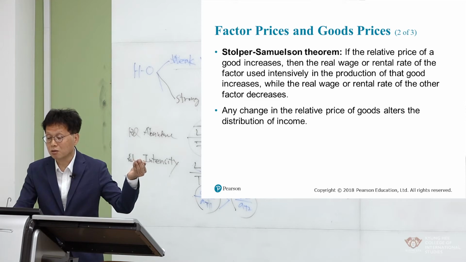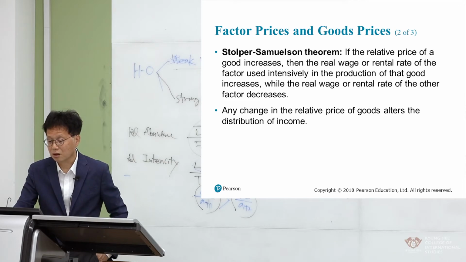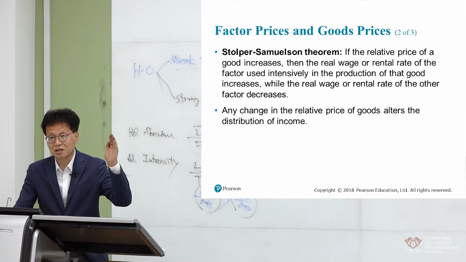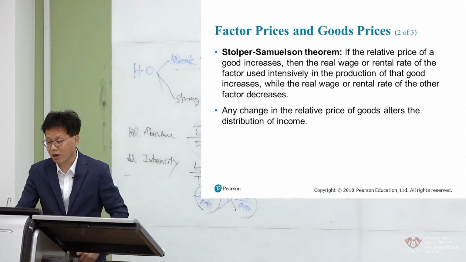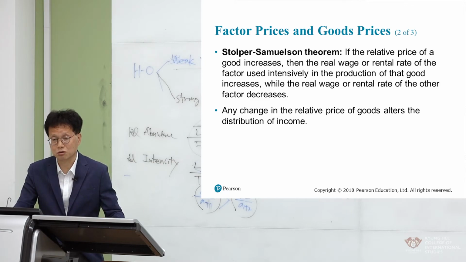Right? The real wage. Then W over R increases, while the rental rate of capital and the rental rate of land decrease. These are intensively used in the comparative disadvantage good. Okay? That is the Stolper-Samuelson theorem.